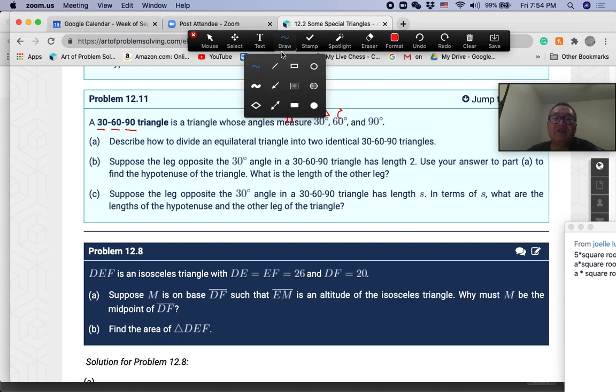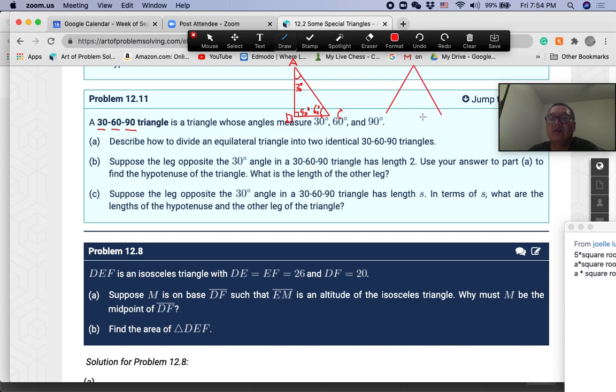If we give you an equilateral triangle, suppose this one is an equilateral triangle, then they ask you how you can divide this equilateral triangle into two 30-60-90 right triangles.